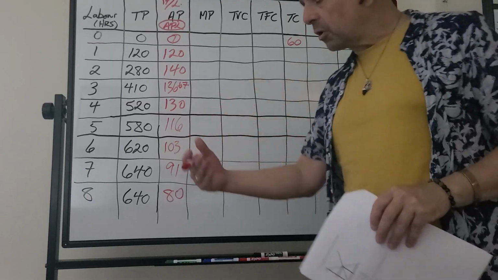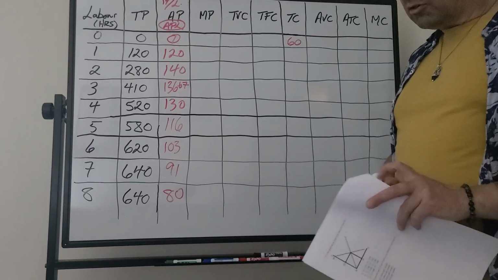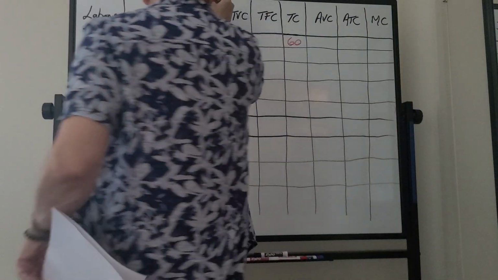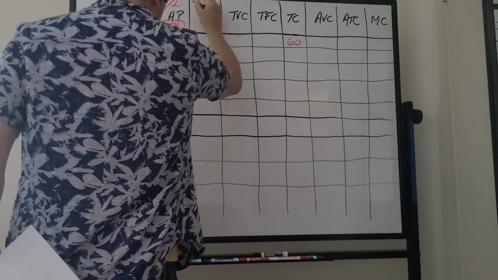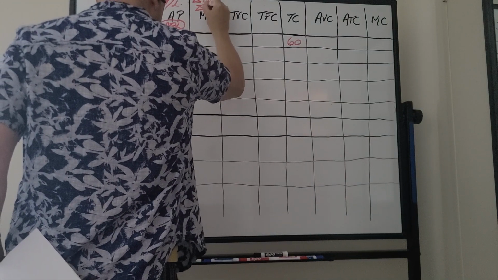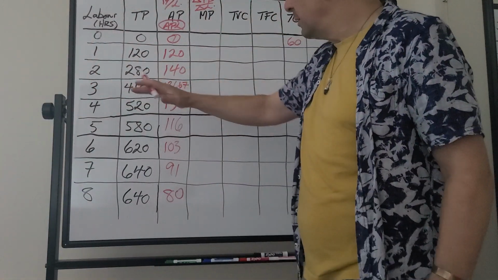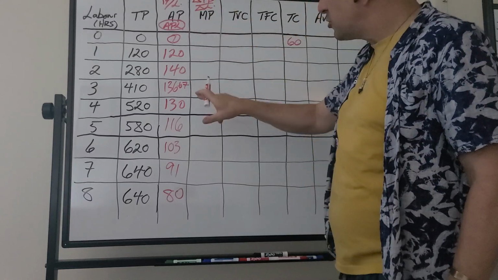By adding an extra unit, how much are we getting? So we're going to take the change in the total product over the change in the amount of labor. Now in this case, the change is always 1.